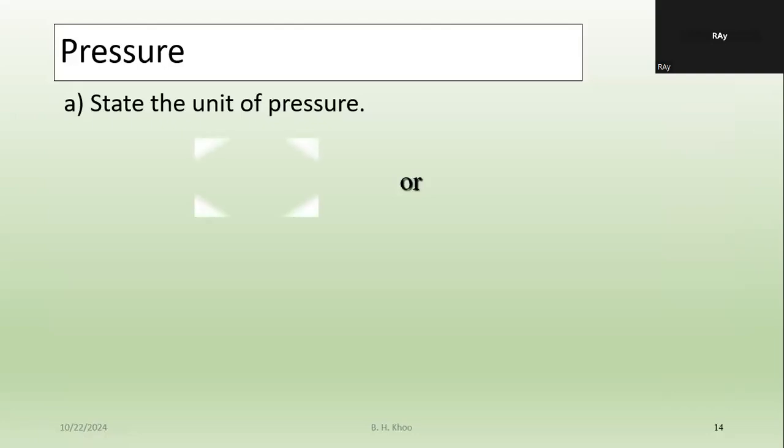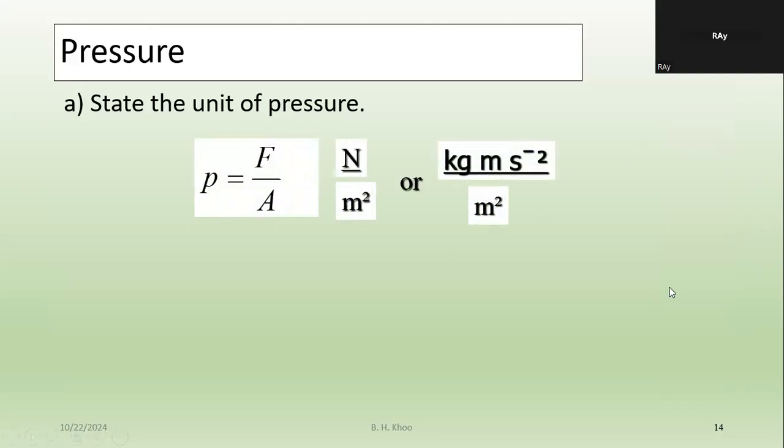State the unit of pressure. Go to the formula. Force is Newton. Area is meter squared. Or we can write Newton as kilogram times acceleration, meter second to the power minus 2, then cancel one meter there.